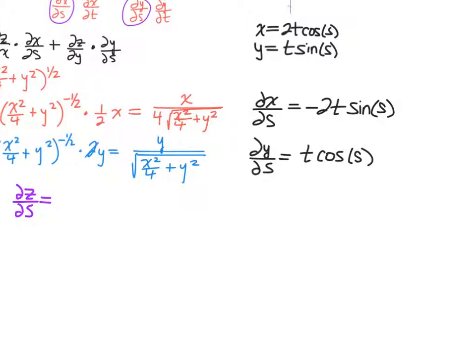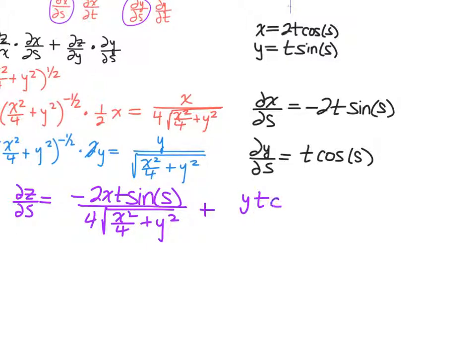So negative 2xt sine s over 4 times the square root of x squared over 4 plus y squared, plus yt cosine s over the square root of x squared over 4 plus y squared.